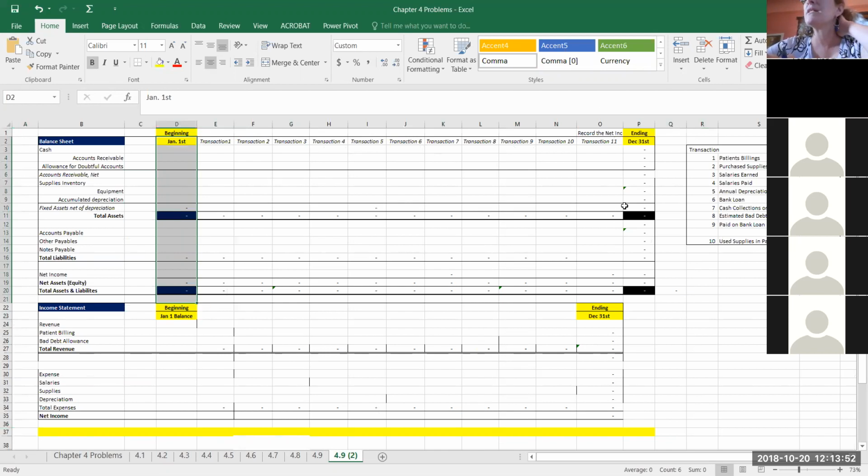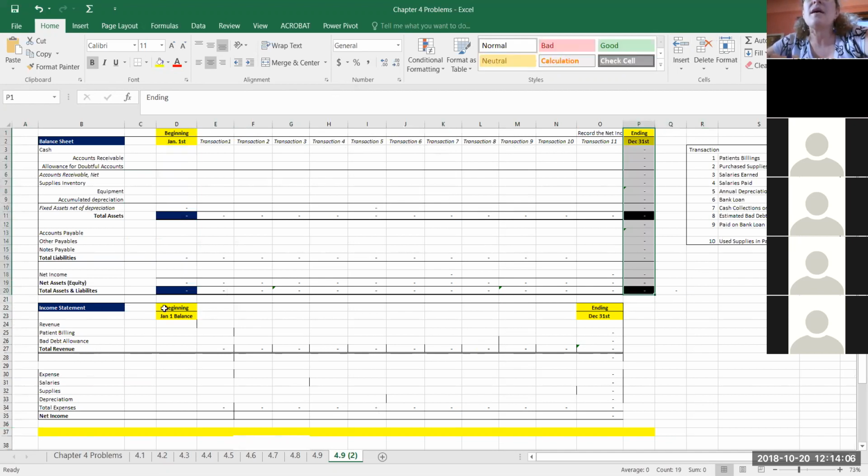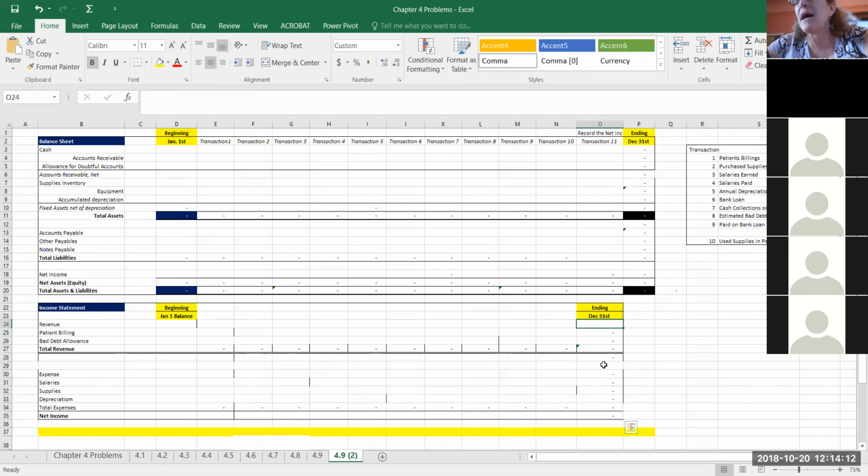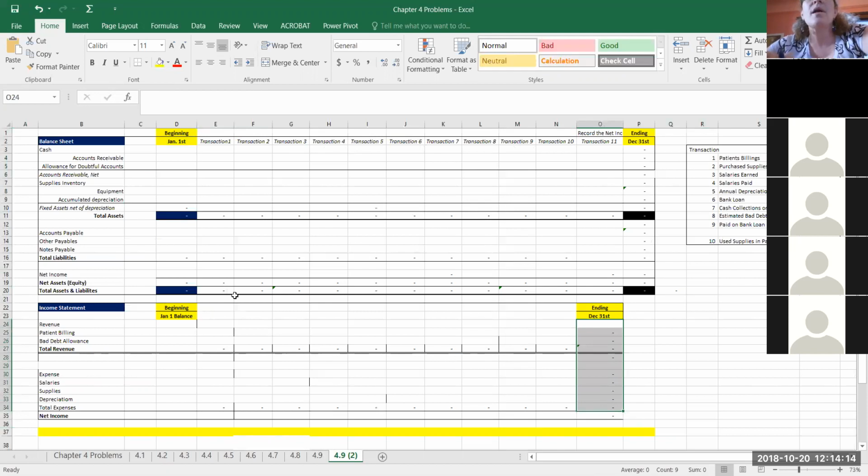So we have a balance sheet at the beginning of the period, and then we're going to look at our balance sheet at the end of the period. And then the P&L is the accumulation of all the transactions that happen over the period, right? And so we're going to be adding here. They are related to each other, okay?